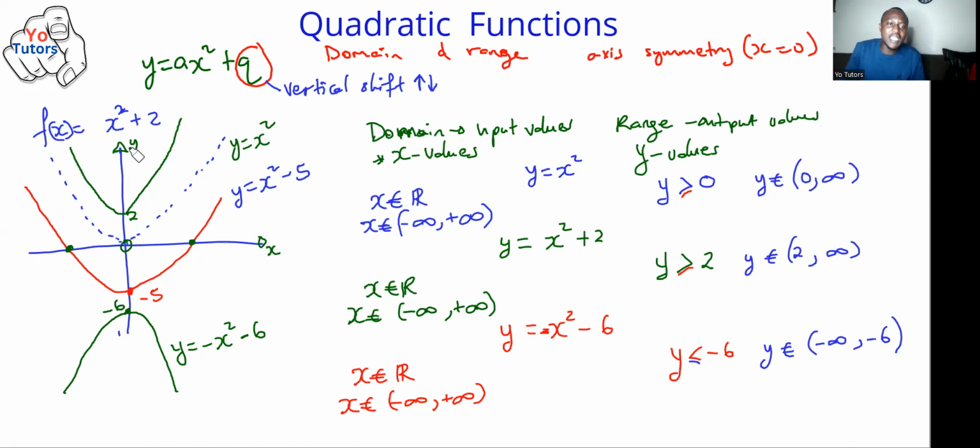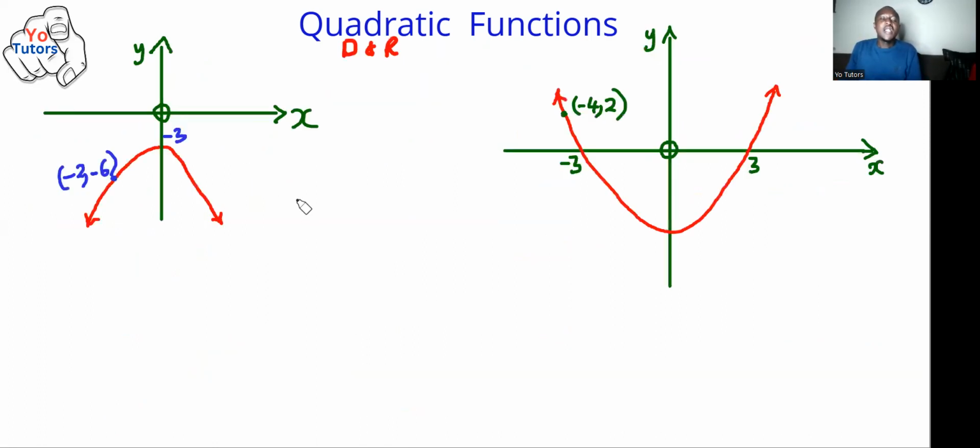So here this line is the y-axis. So the axis of symmetry is x equal to 0. That's what we know. Don't stress yourself for now.